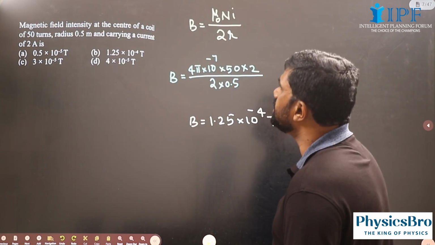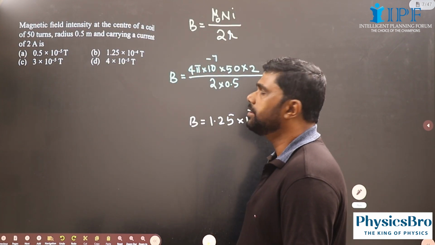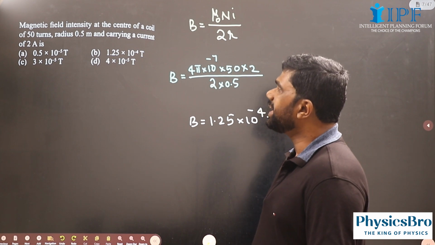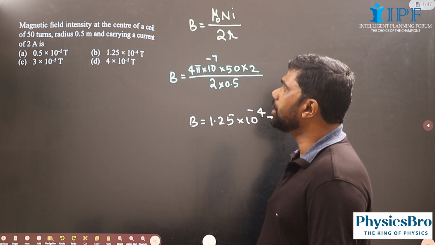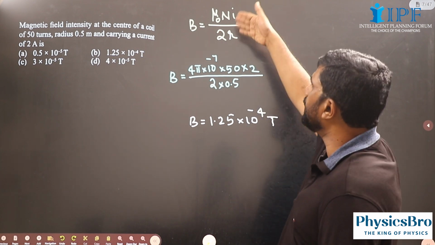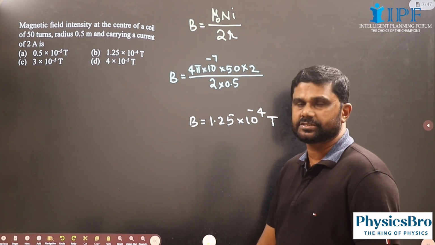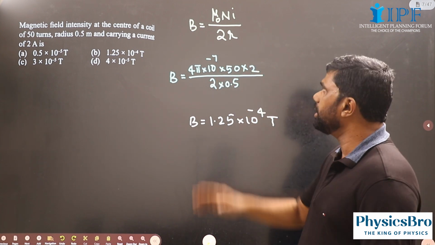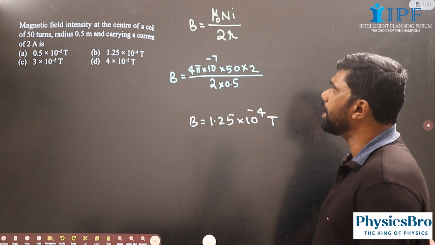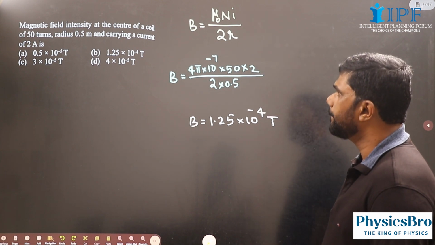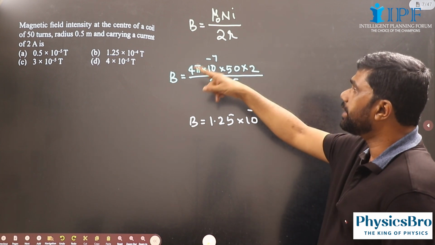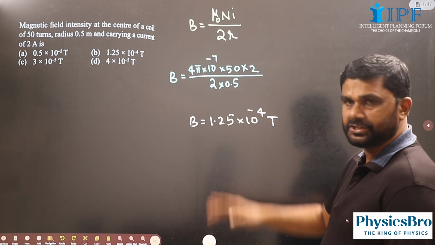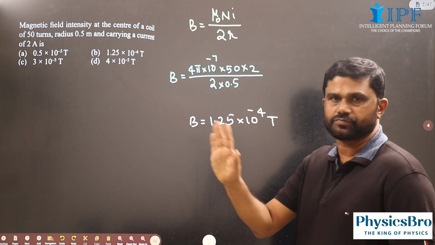Magnetic field intensity at the center of a coil of 50 turns, radius 0.5 meter and carrying a current of 2 ampere is mu 0 N I by 2R, that is the field at the center. 4 pi into 10 raised to minus 7, the value of mu 0, number of turns is 50, current is 2 ampere, and in the denominator 2 into radius 0.5 meter, that is 1.